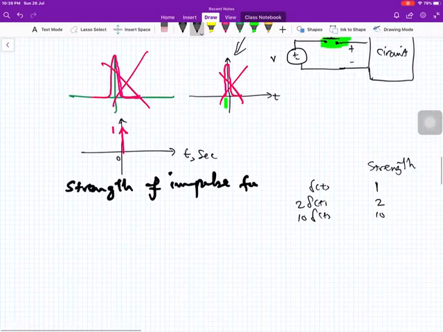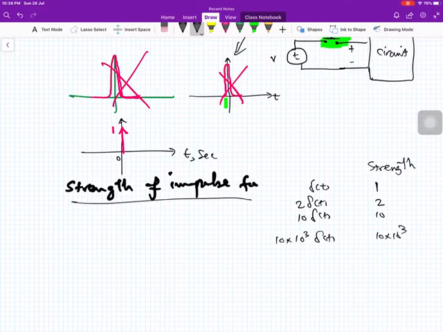It may be several kilovolts, say 10 kilovolts, so it is 10 kilovolts. So we use this high voltage impulse to test a circuit, usually for its insulation.